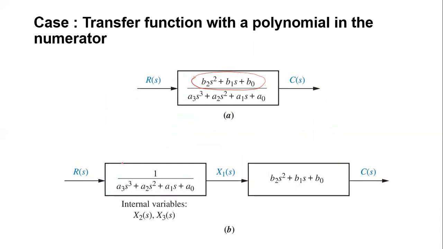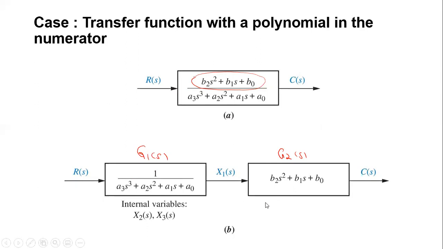We split it into one transfer function which has a constant numerator, and the polynomial we put in the second block diagram. So the two block diagrams will be cascaded. If you can see here, there is an output signal x1 that is connecting the first block diagram to the second block diagram.